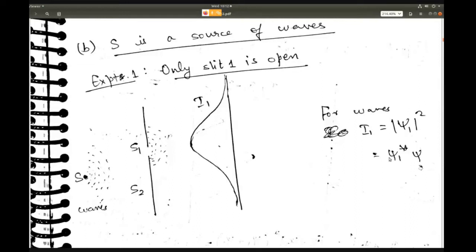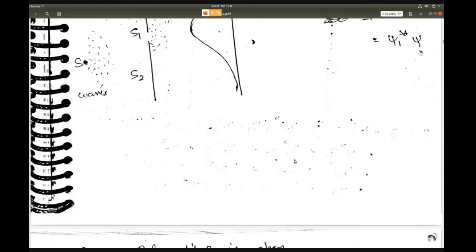Psi1 star represents the complex conjugate of the complex variable, and psi is that variable itself. So you multiply the complex conjugate with itself. This is your I1.